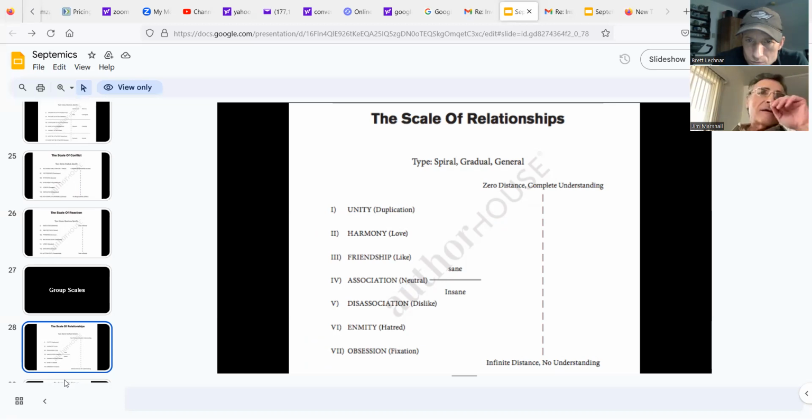So let's say you want to analyze your relationship with your significant other, right? You have some kind of a relationship, good or bad, and you can find where it is on this scale. And the beauty of that is once you get it, you then can move the relationship up to the next higher level.